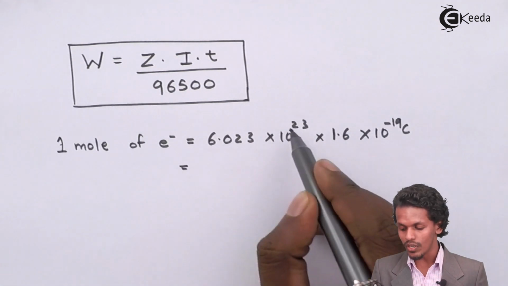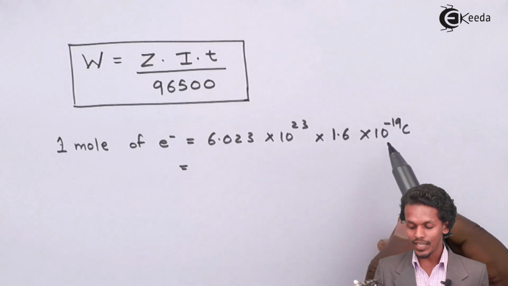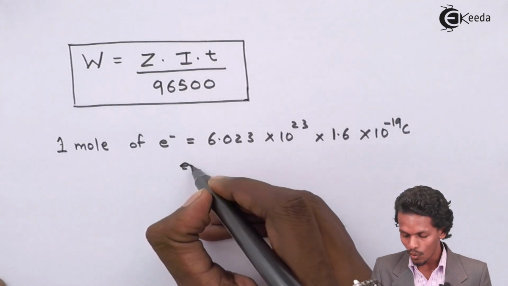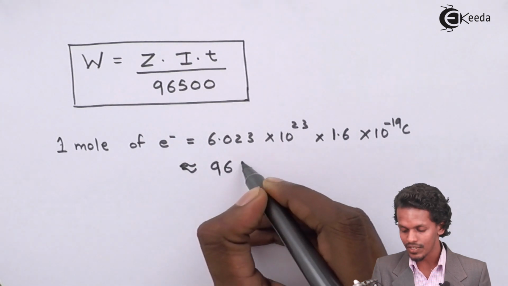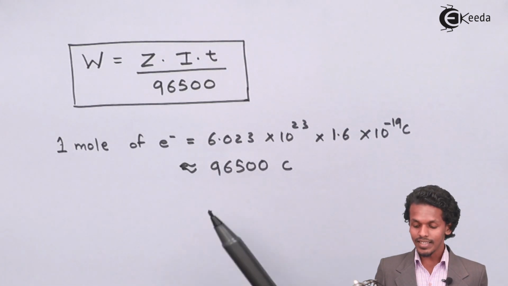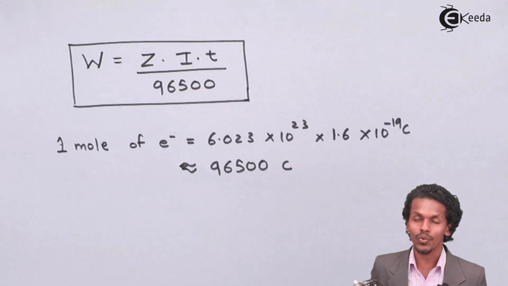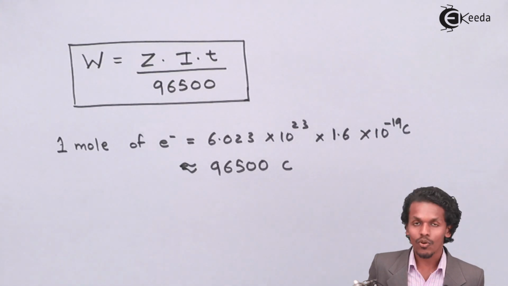So this number of electrons, when multiplied by 1.6 into 10 raised to minus 19 coulomb, will give you an overall charge of 96500 coulomb. That's the reason 1 mole of electrons carries 96500 coulomb, which is known as the Faraday constant.